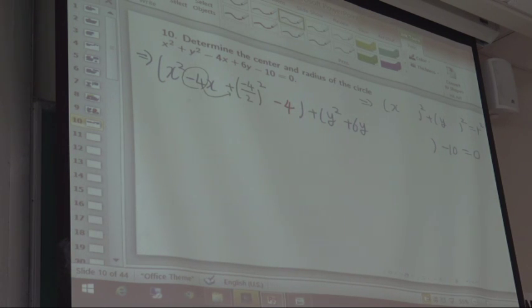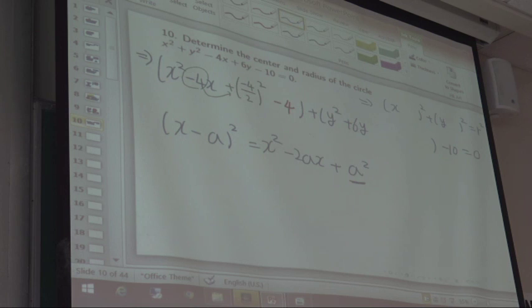So we want to change this form into the complete the square, x minus something squared. If this is like the a, then this is x squared minus 2ax plus a squared. We need a constant to make the complete the square. To make that, we add, but we also have to subtract because we have to keep the equality.